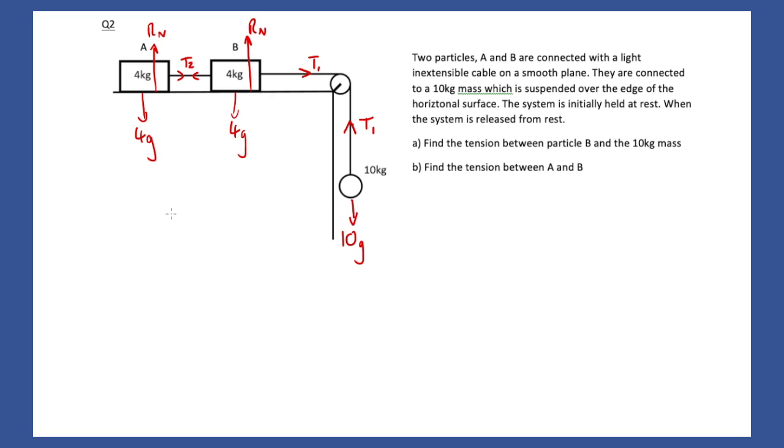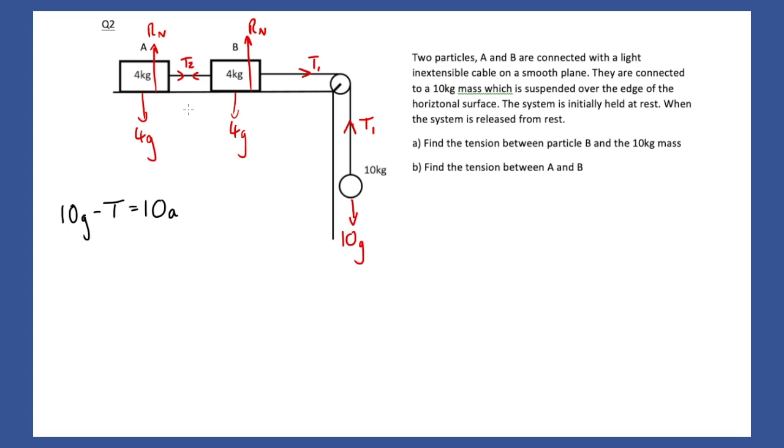Okay, well, let's work this through. It's released from rest. So let's write an equation for this one, which is going to be 10g minus T equals 10a. And for this whole section, we're going to lump these together.